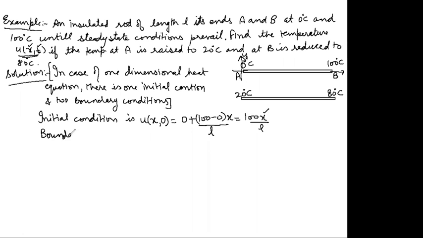And what are the boundary conditions now? The boundary conditions are: u at x equals 0, at all times t, is equal to 20 degree. What we did was raise the temperature from 0 degree to 20 degree and maintain it at 20 degree for the whole time. And u at the other end of the rod, at x equals L, at all times t, is 80 degree.